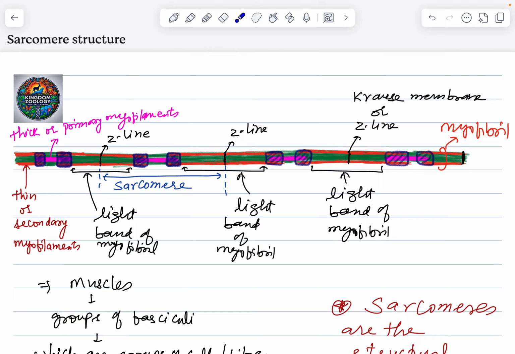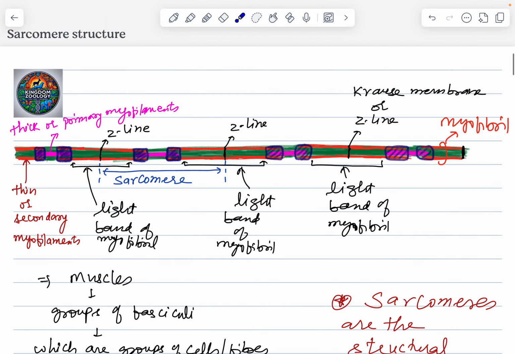So now if we see in the structure of the myofibril, this entire area is the light band. This entire area is the light band. So if I'm drawing one sarcomere from Z line to Z line, how much part of this light band is that? Half, because from here till here is the full I band.